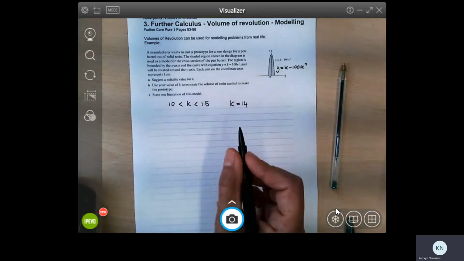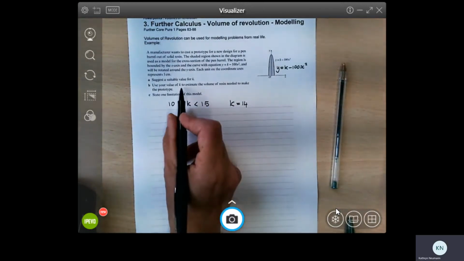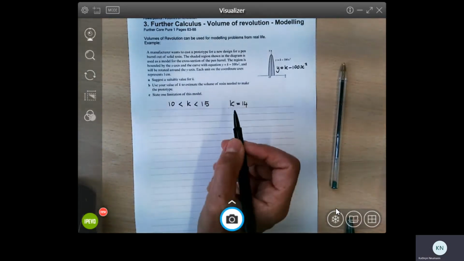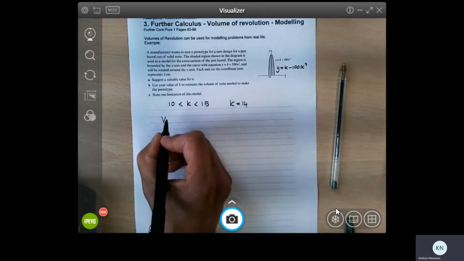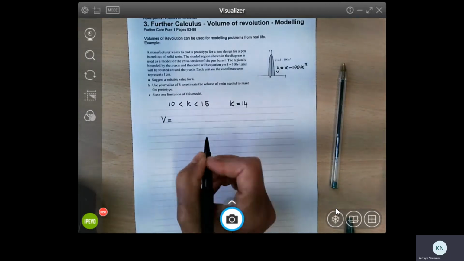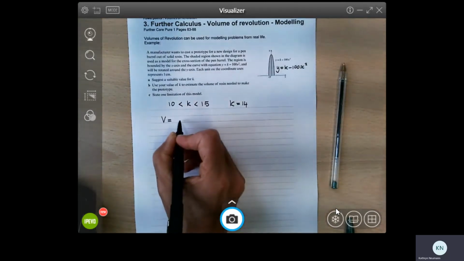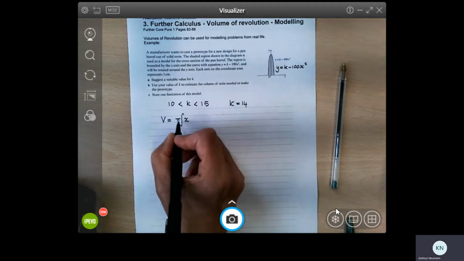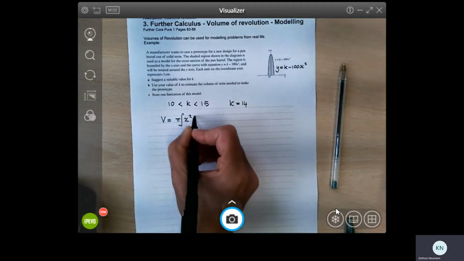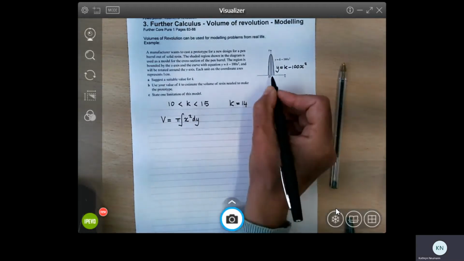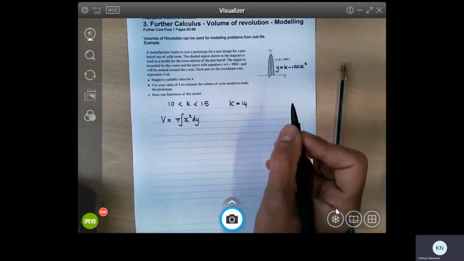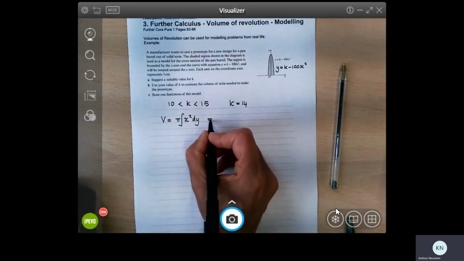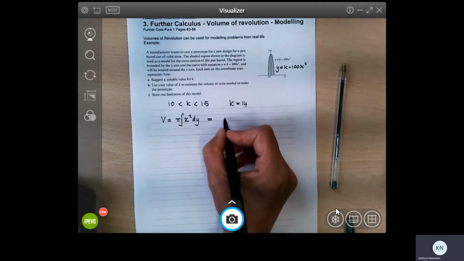So we've got a suitable value of k. Then it says use your value of k to estimate the volume of resin needed for the prototype. The volume of resin needed is going to be pi times the integral of x squared dy, because we're rotating about the y-axis. Then we substitute in the k we've used and the function.